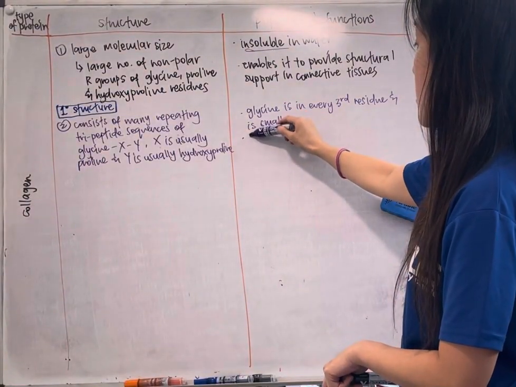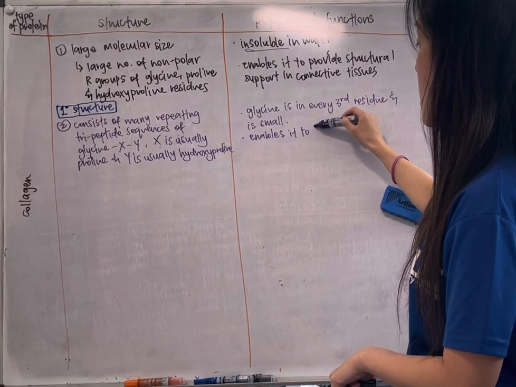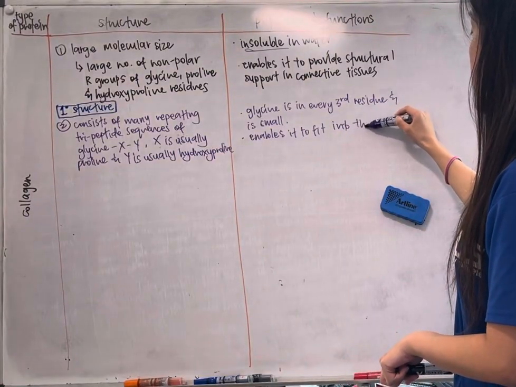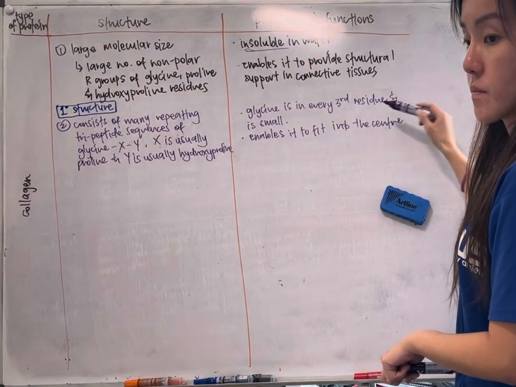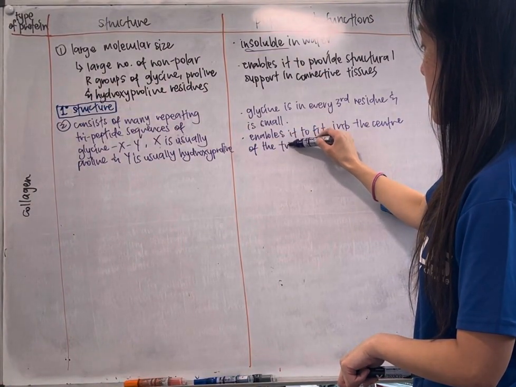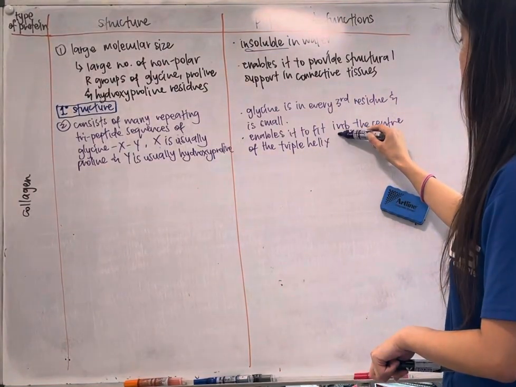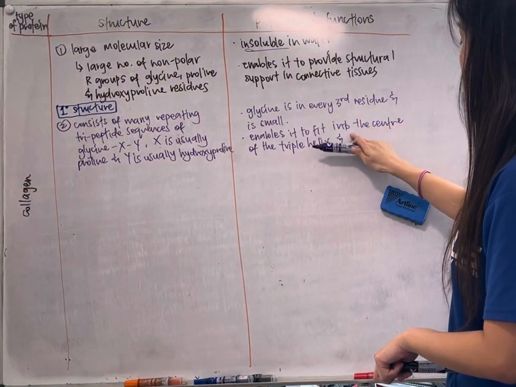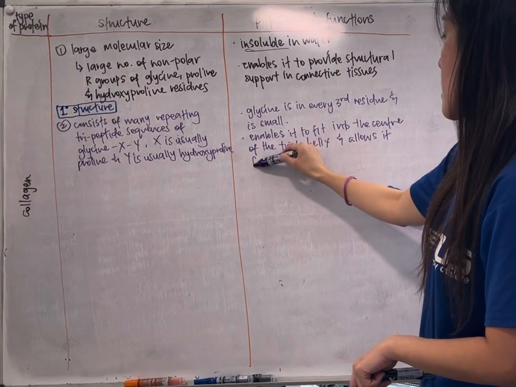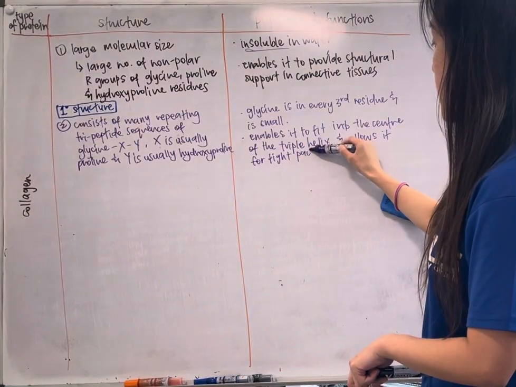It enables it to fit into the crowded center of the triple helix. Triple helix is the same as triple collagen. This allows for tight packing of the triple helix.